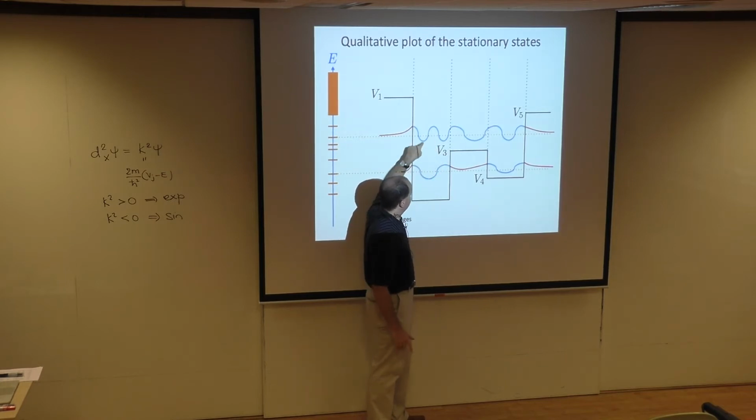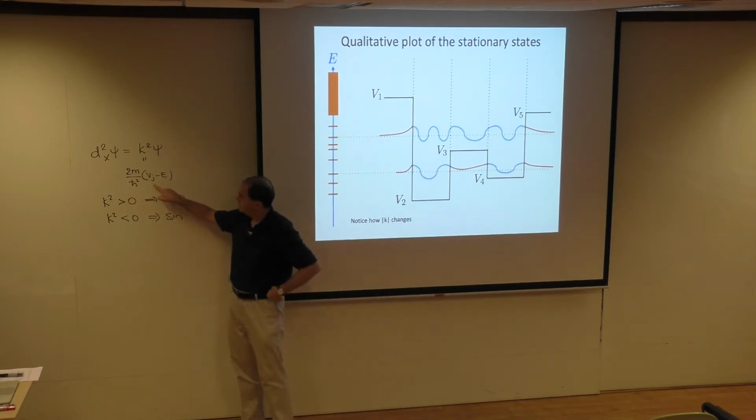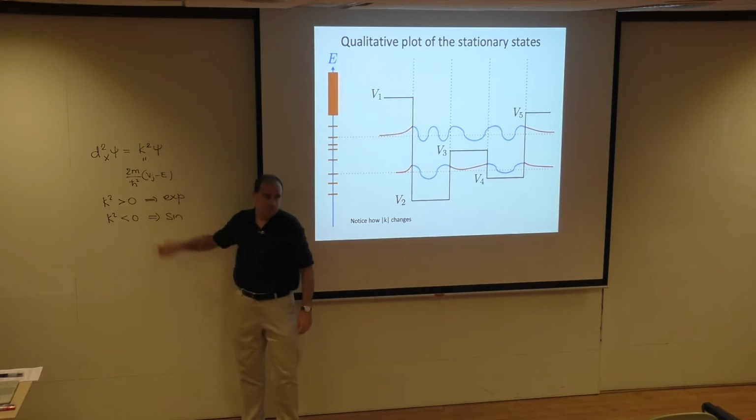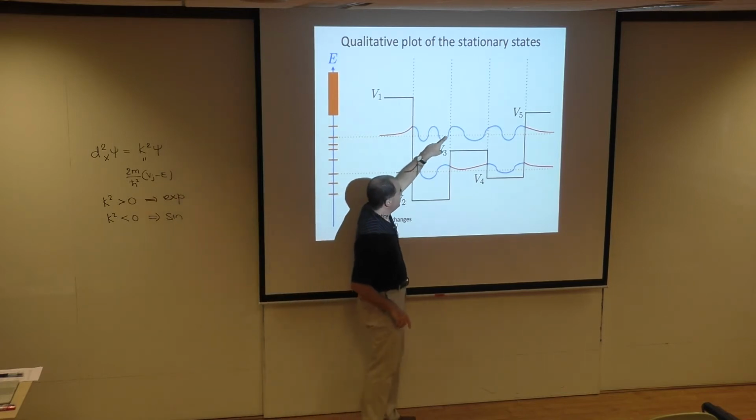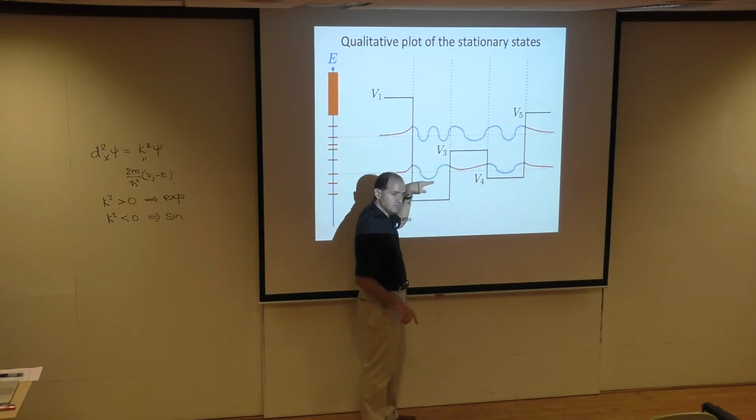Here it is oscillating faster than here. Why? Because we are higher than here. And you see the k, right? The k increases with the distance from the potential. So here it oscillates faster than here and also faster than here, because again, we are higher with respect to the level. Here, in principle, we should oscillate faster than here and less fast than here because, again, the level is here.